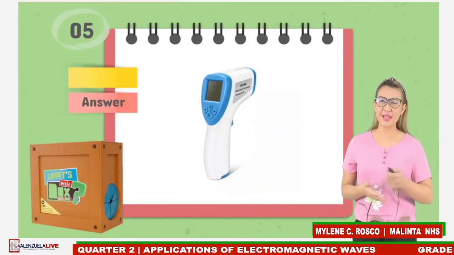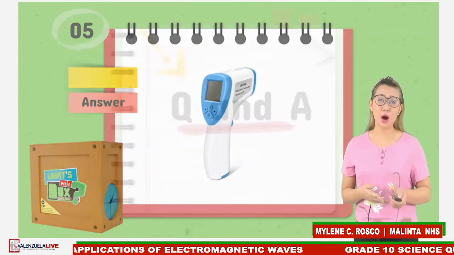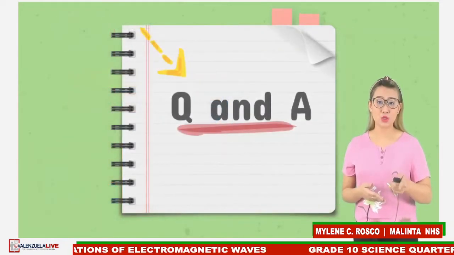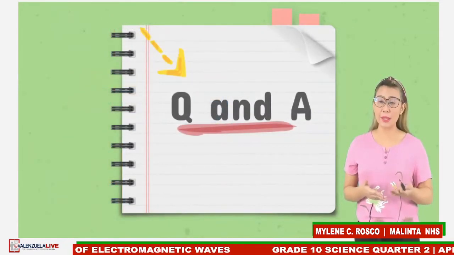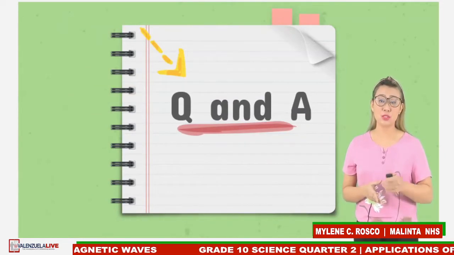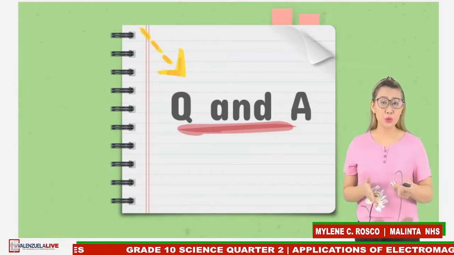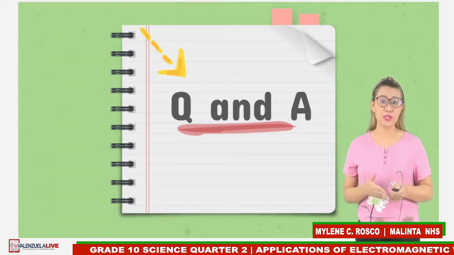All right, very good. So at this moment, you can now comment your questions about the topic that I have discussed, and then the teacher moderator will choose 3 questions from the comment sections. I'll be giving you 30 seconds to key in your questions.